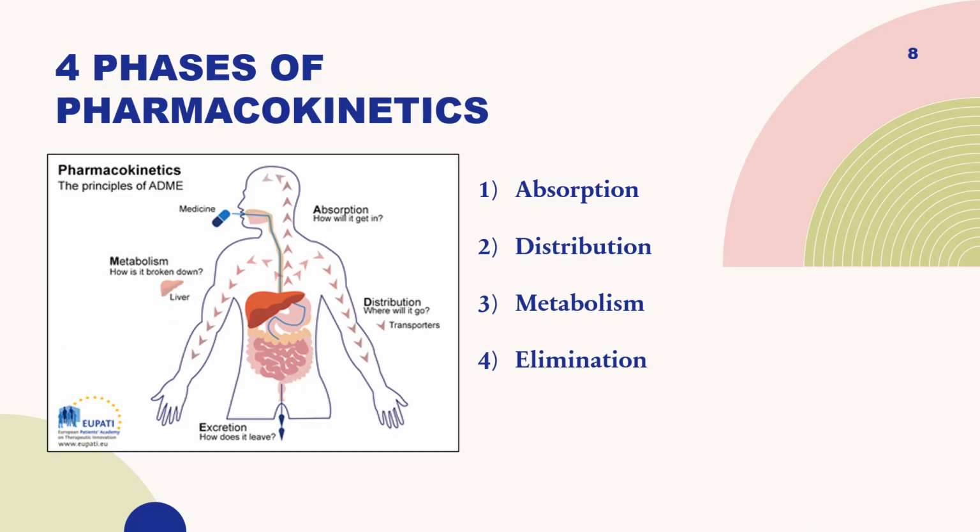Just need to remember that all these four phases happen according to this order. Absorption happens first, then distribution, then metabolism, and then elimination. I have used a picture here to just give you an overview of these four phases.